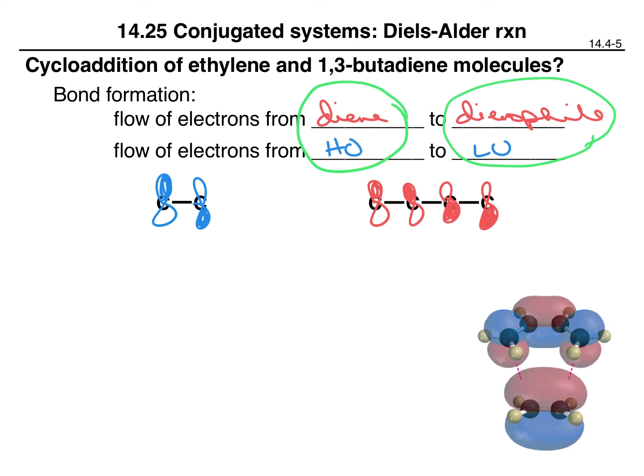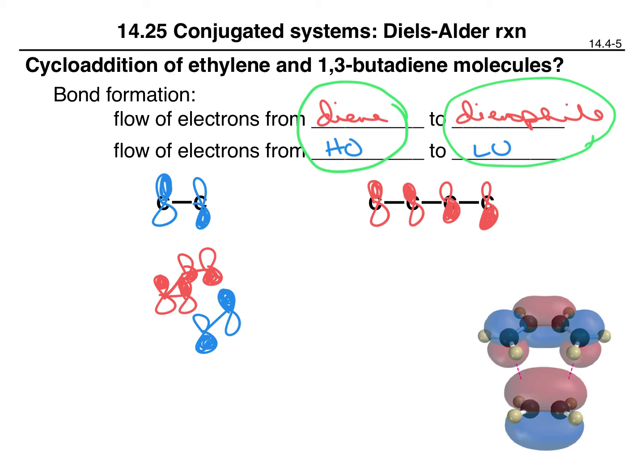So for this reaction to work, let's think about our diene. Here are the orbitals, and so we've got two down and two up. And we need to have the dienophile approach, and here we can have one down, one up. That's the same as having one up, one down.